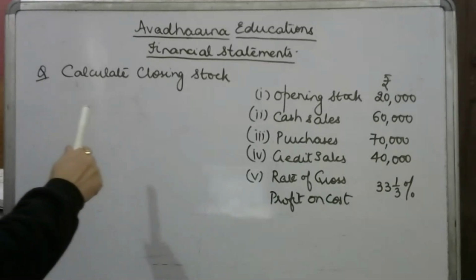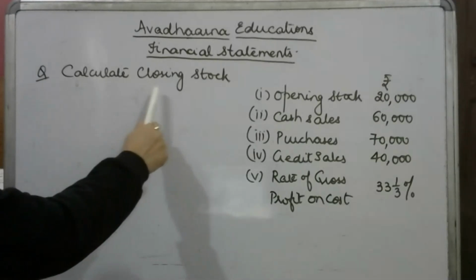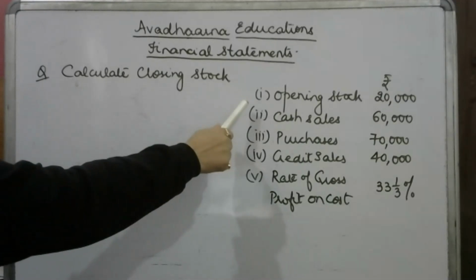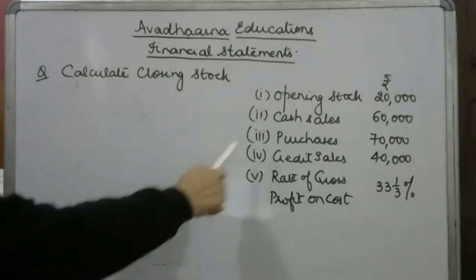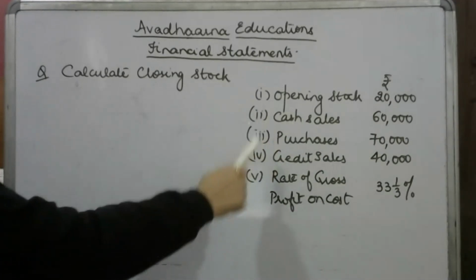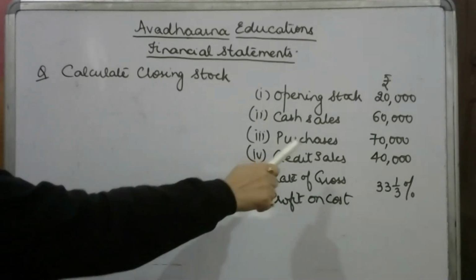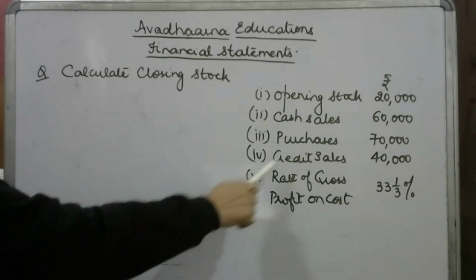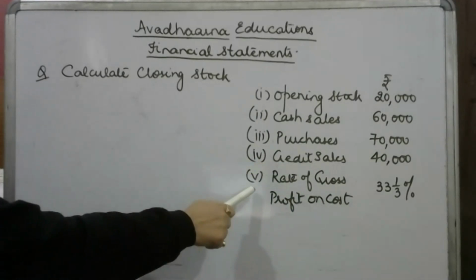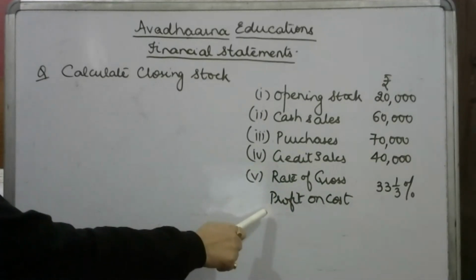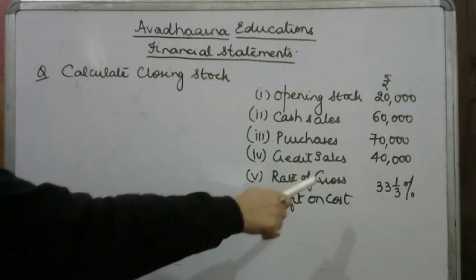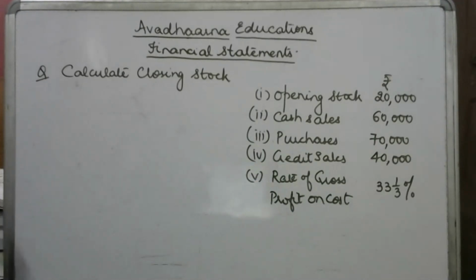So the problem is that we have to calculate closing stock when opening stock 20,000 is given, cash sales 60,000, purchases 70,000 rupees, credit sales 40,000, and the rate of gross profit on cost, means on cost of goods sold, is 33 1 by 3%.